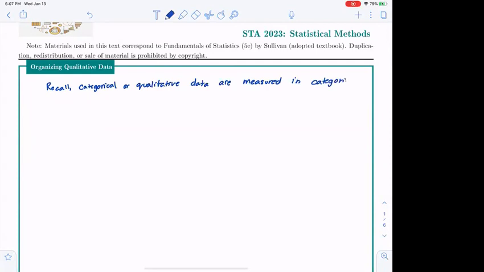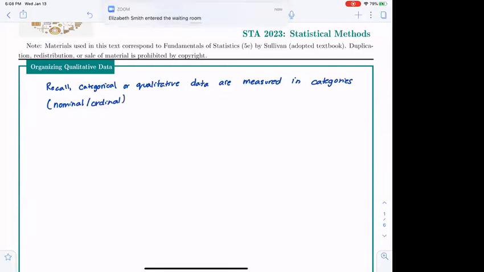It could either be nominal or it could be ordinal. This is from last time. But one thing that we are certain about is that categorical data or qualitative data, they're not numerical in nature.